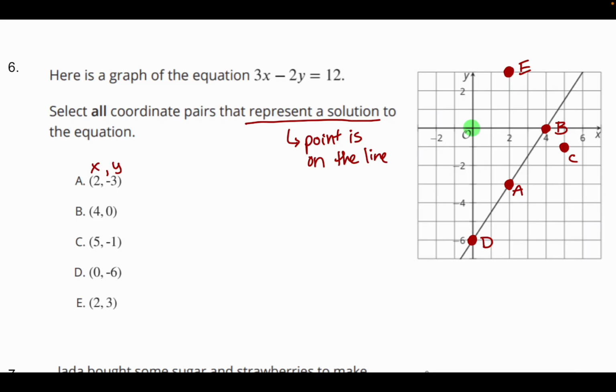That is A and B and D. So since these land on the graph, that means that those numbers satisfy that one equation that is graphed. So I'm going to select A and B and D.